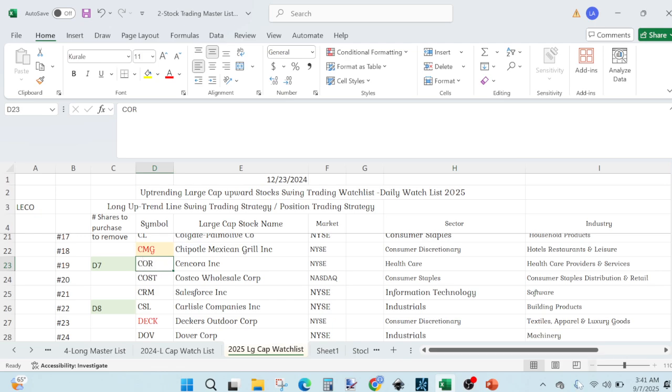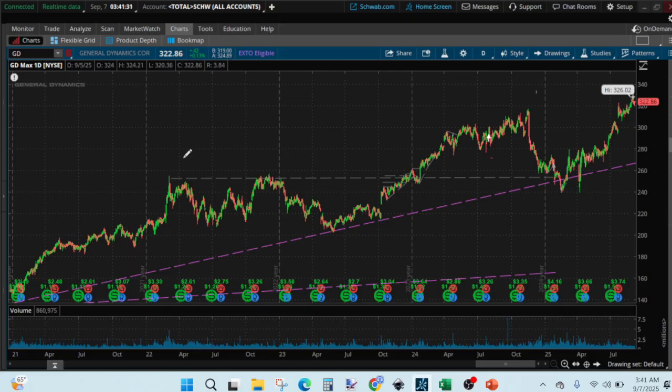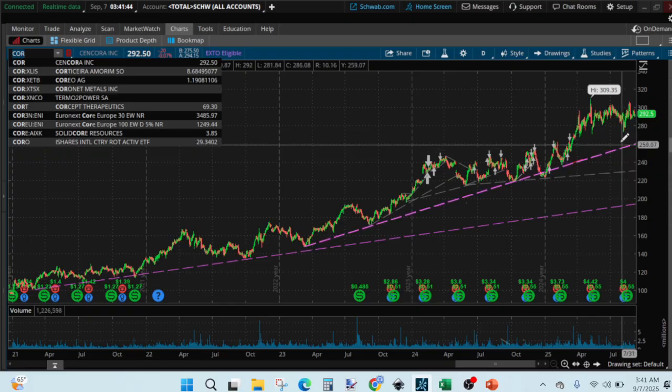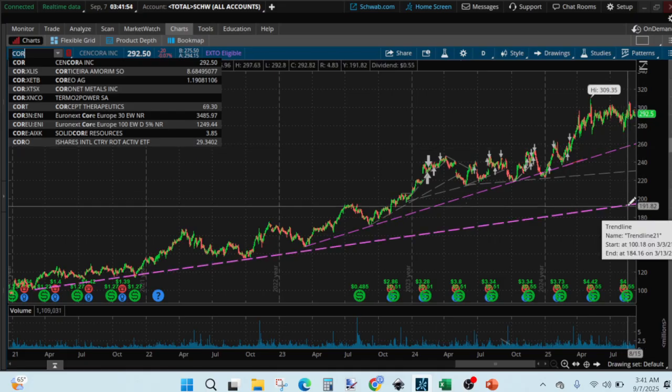So the first one is COR. We are doing the analysis today, September 7, 2025, after the market closing on September 5, 2025. We have our purple lines, which are the support lines passing by the valley of the charts where we want to buy.